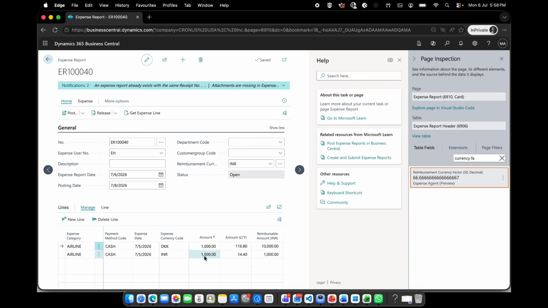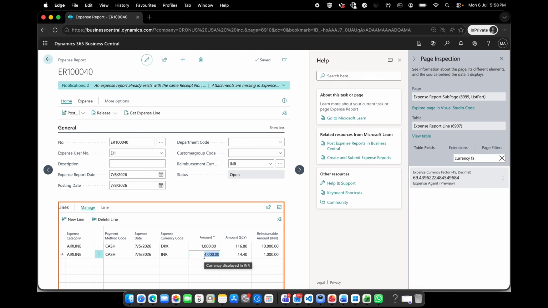Yeah, so it's 66 point something. And this one for INR is now 69.43. Okay. So let's take a look.